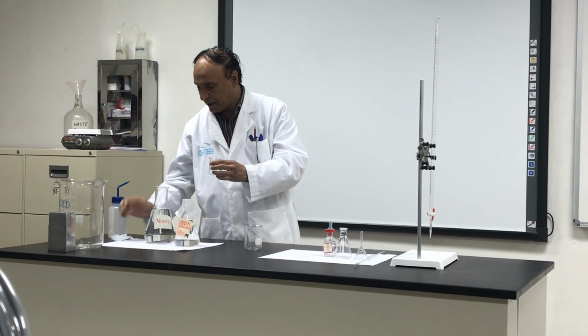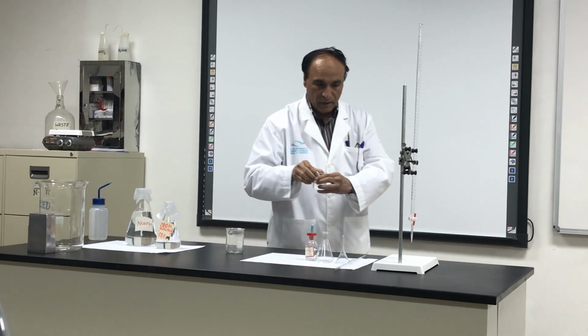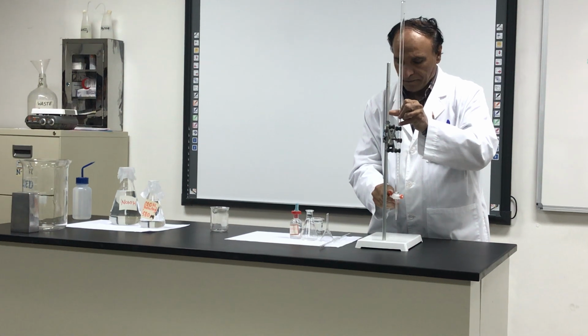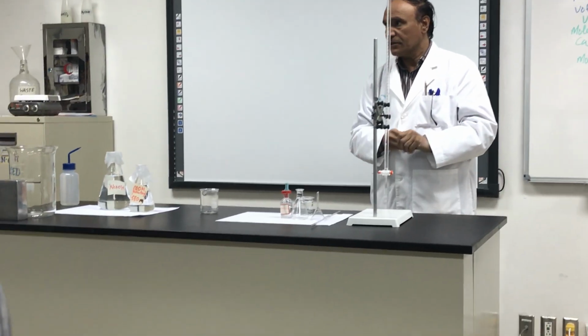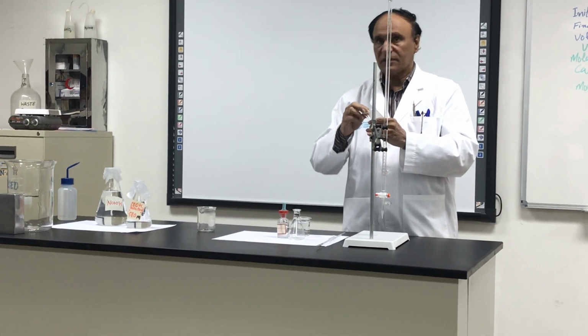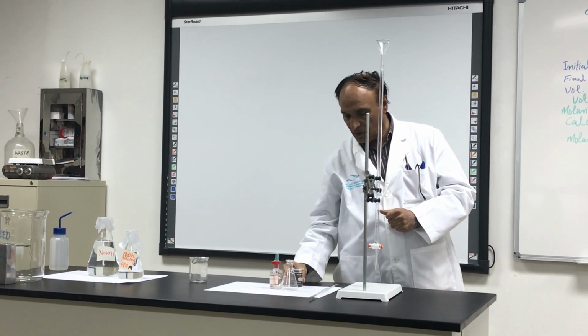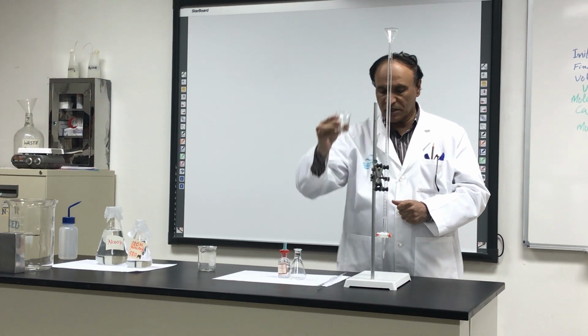In a beaker, and then you will close it from here. It is washed with water. This is the glass funnel. You put the funnel over there and put some sodium hydroxide in for washing.